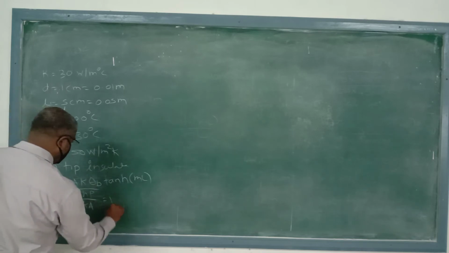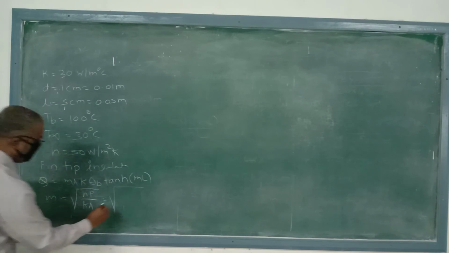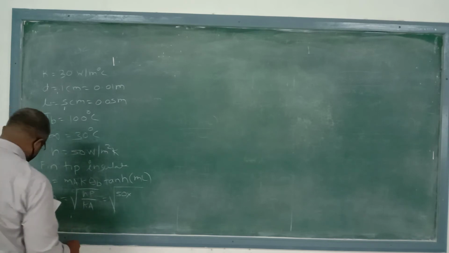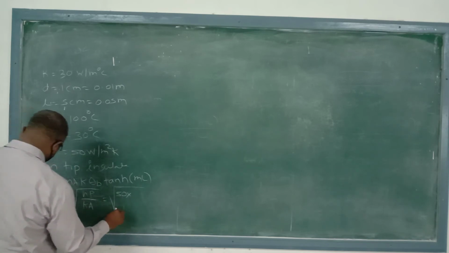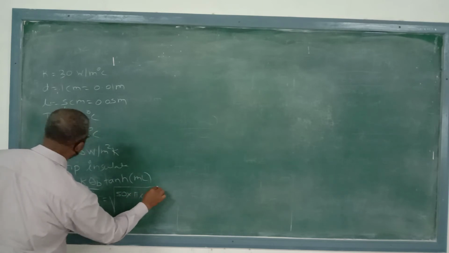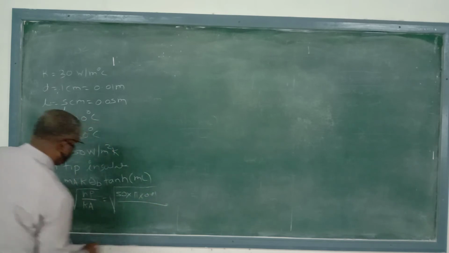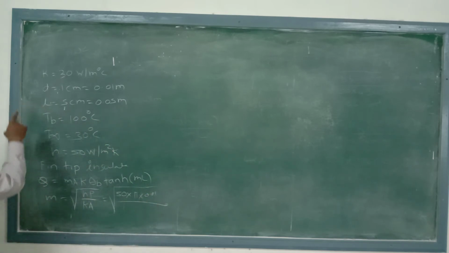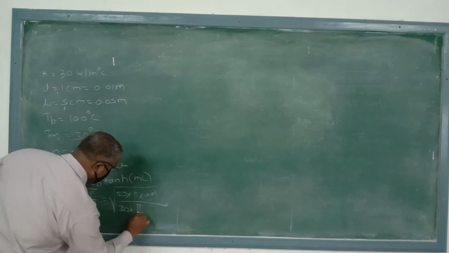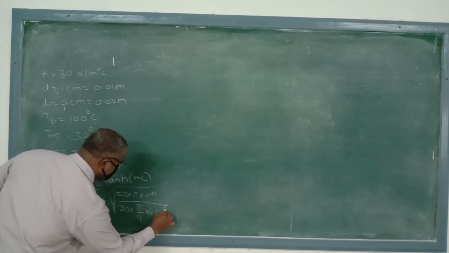Again we are going to substitute the values: h is 50, perimeter that is pi into d, diameter they have mentioned 0.01, k the value they have given 30, area we have to find, pi by 4 into 0.01 square.